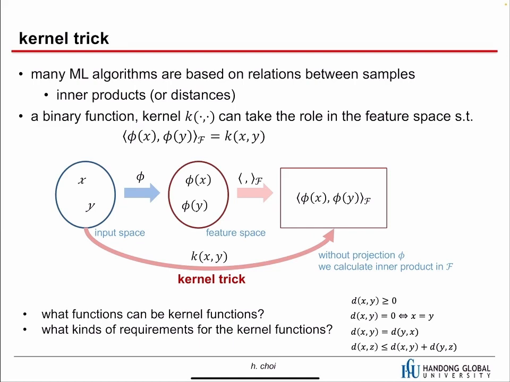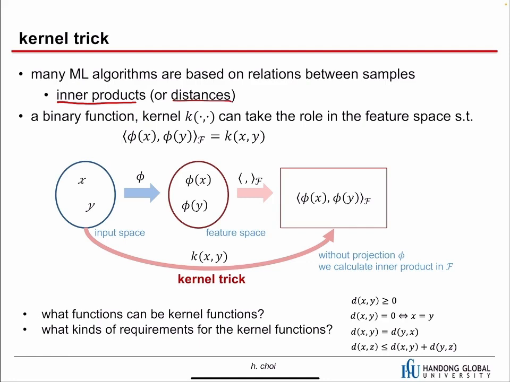Many machine learning algorithms are based on relationships between the samples. These relationships can be implemented by inner product or distance. So, as always, in the machine learning algorithms, we have to define the dissimilarity or inner product. Okay, so anyway, we have to provide some kind of metric to define the relationship between the data points.